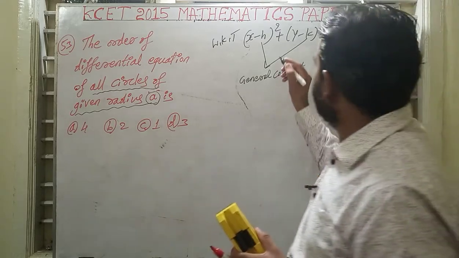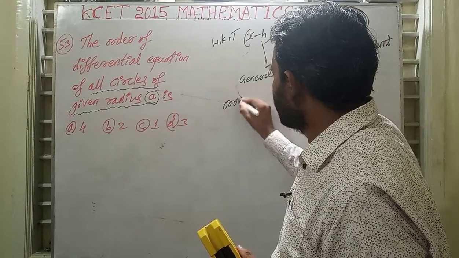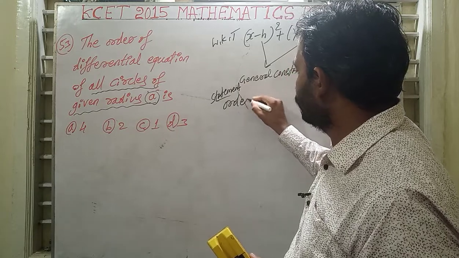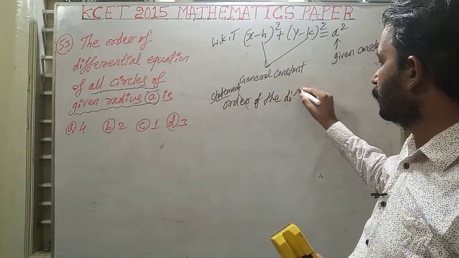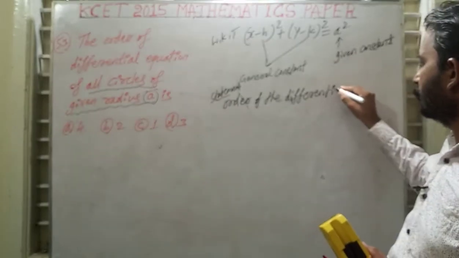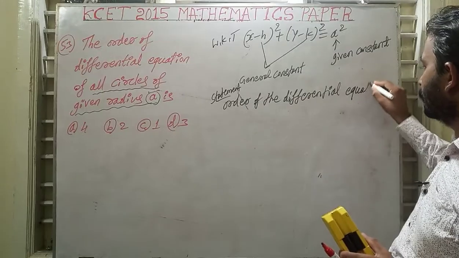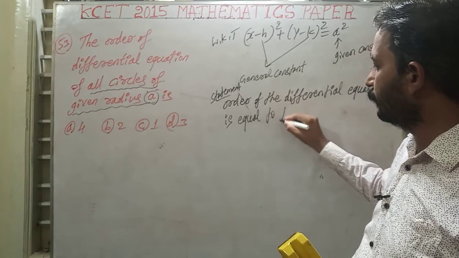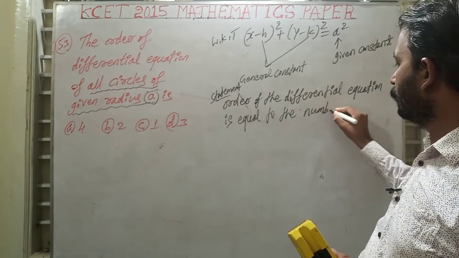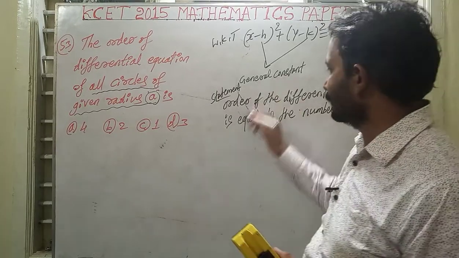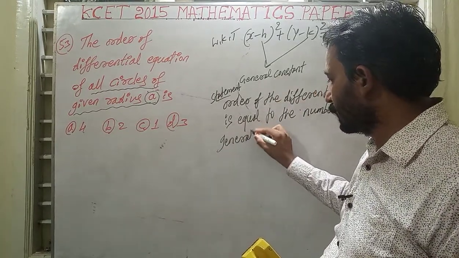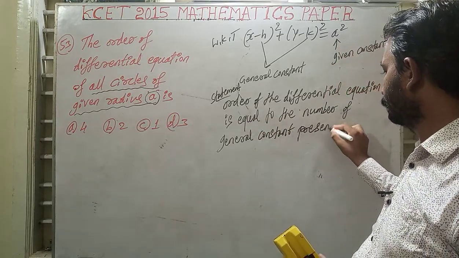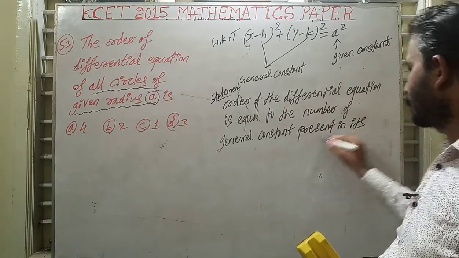In this case, the order of the differential equation is equal to the number of arbitrary constants, nothing but general constants, present in its general solution.